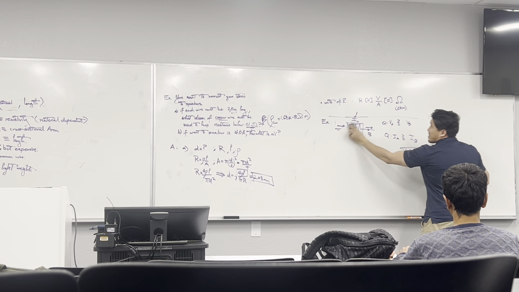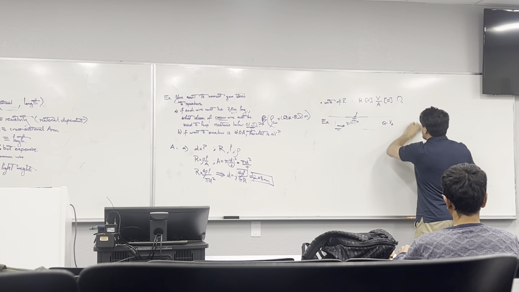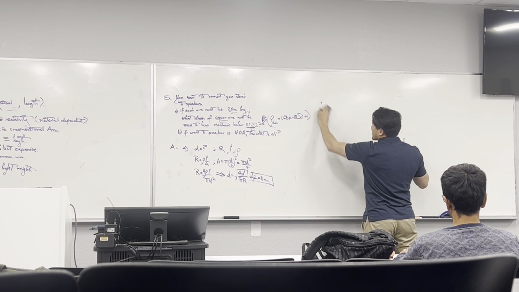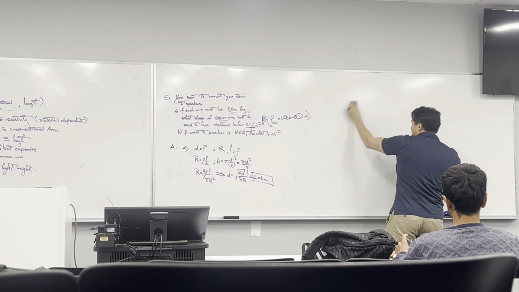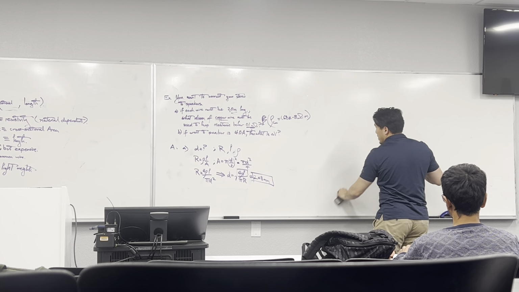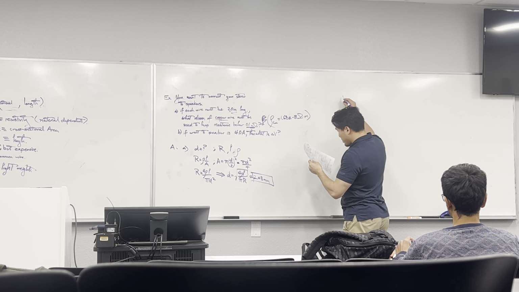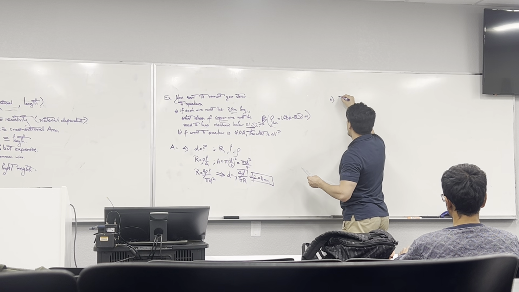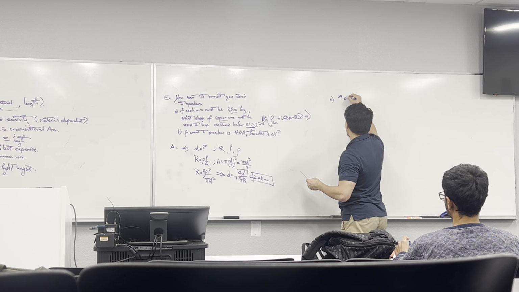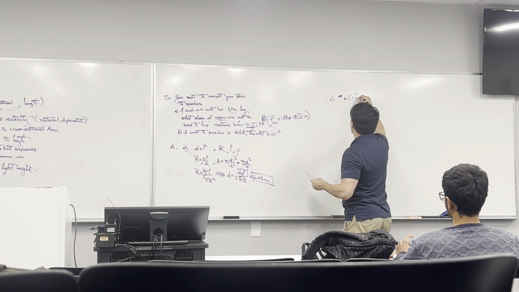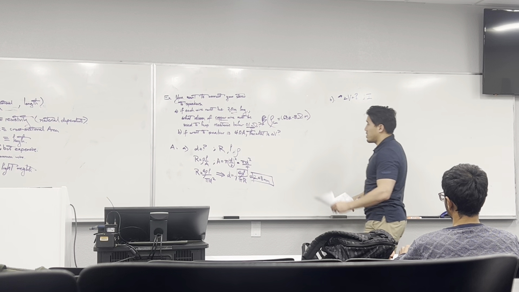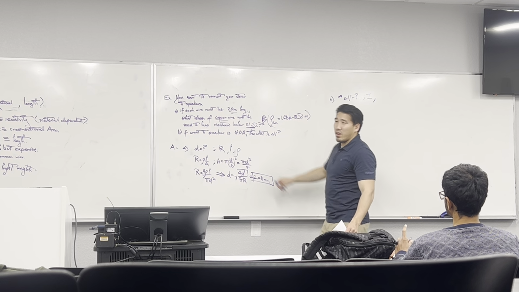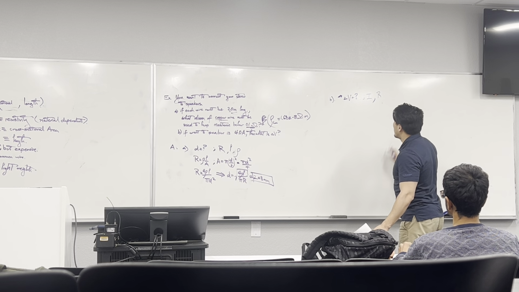Then the second question is asking, if the speaker has 4 amps, then what is the change in voltage throughout that entire speaker? And for B, we want delta V, and we're given the current, as well as we know the resistance R right here.